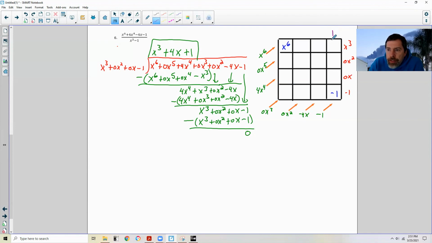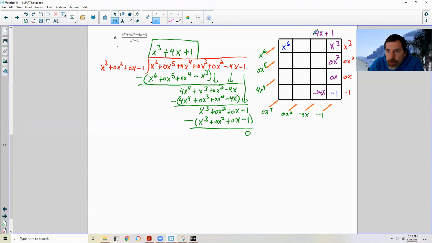So 0x times 1 is 0x. 0x squared times 1 is 0x squared. X cubed times 1 is x cubed. Work with the 2 here. I need negative 4x. I have 0, so this has to be negative 4x. Okay, that tells me that this has to be 4x.